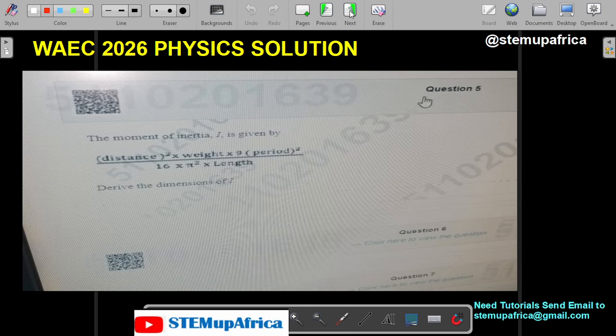Let's go to the next question. It says the moment of inertia I is given by this expression. I is distance squared times weight times g times period squared over 16 pi squared times length. Derive the dimension of the moment of inertia now.